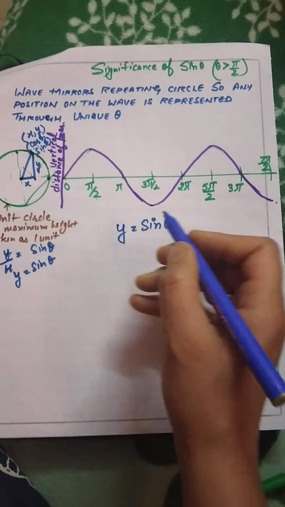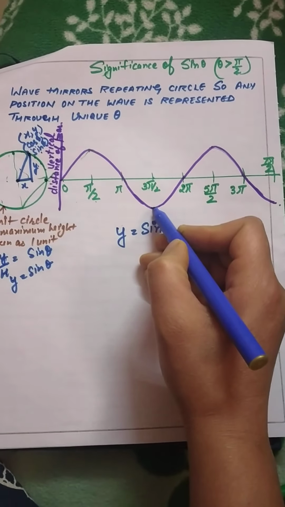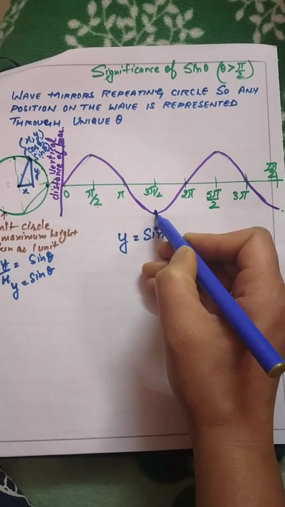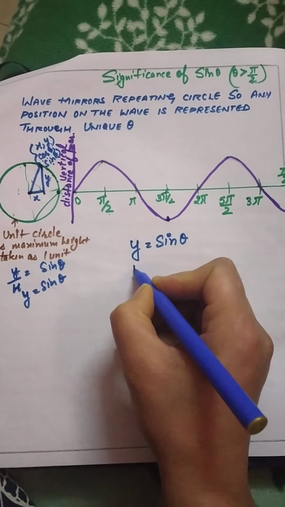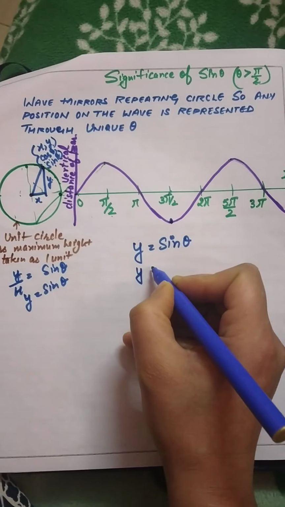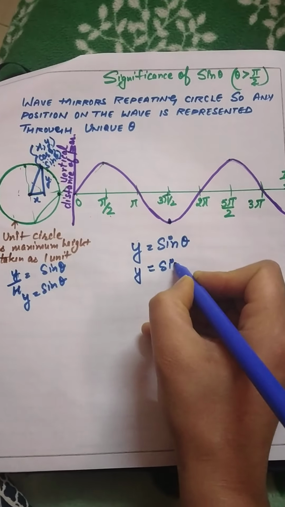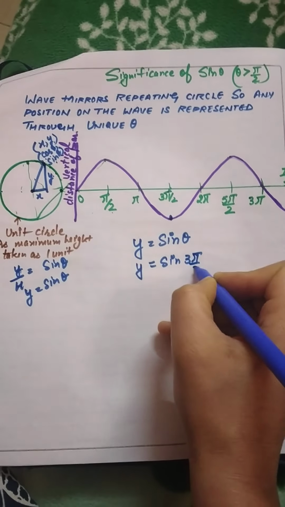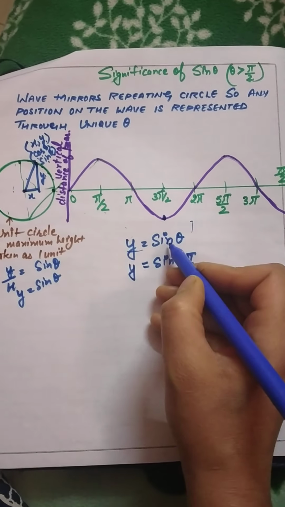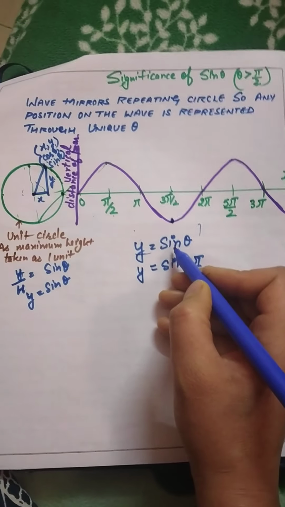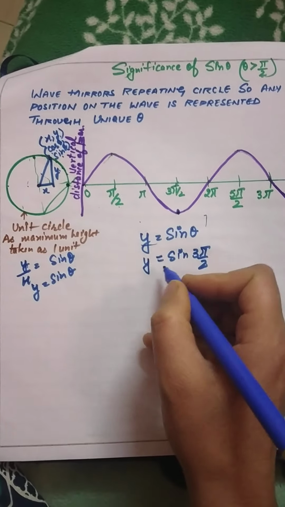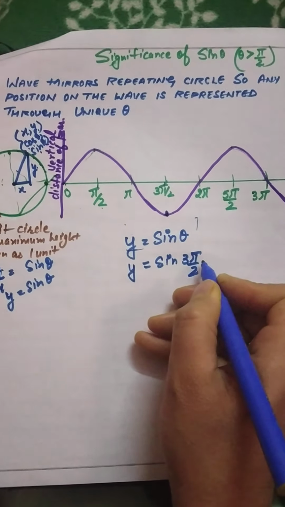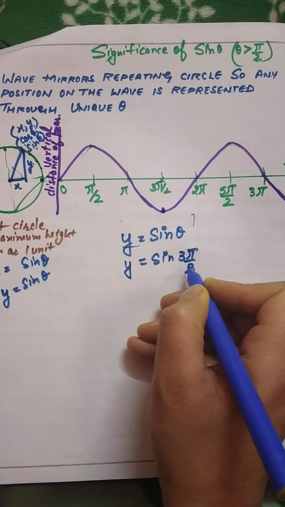Now let's see this one. What is the amplitude here? You have to find y equals sine 3 pi by 2. This gives you the amplitude of the wave particle at this point. You are well aware of what 3 pi by 2 is.